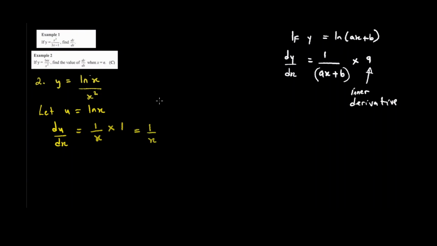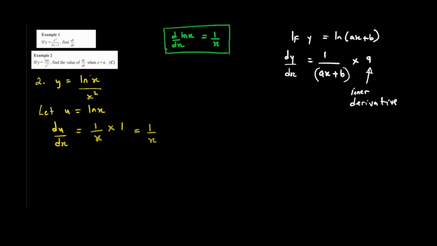It is important to know that the derivative of ln x is 1 over x, without even doing first principles. Something you should know. Put it somewhere in your mind, that the derivative of ln x is 1 over x. Very important. It will save you a lot of trouble.